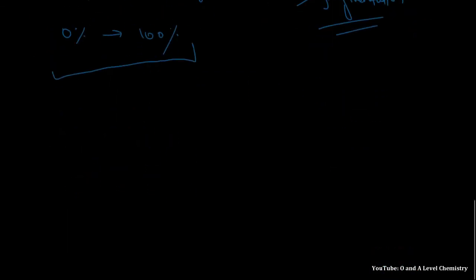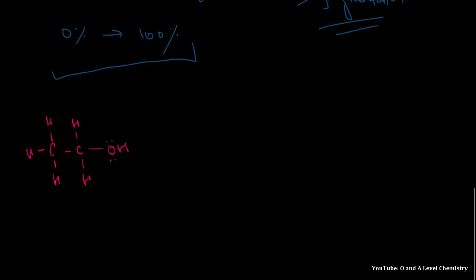The way this happens is, say you have this particular molecule, CH3CH2OH. Around the oxygen, you would have two lone pairs of electrons, right?